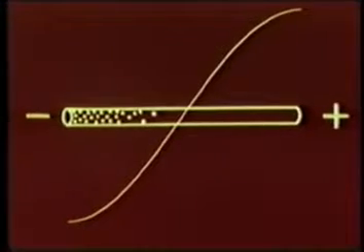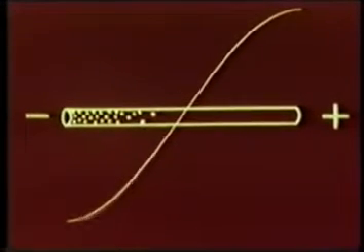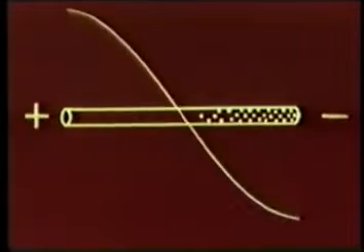When the voltage builds in the opposite direction, the polarity reverses. This changing polarity produces an electric field in phase with it.